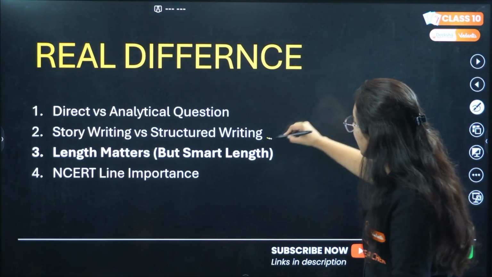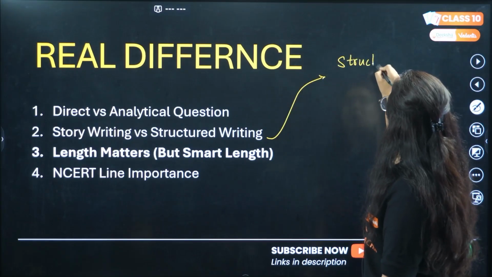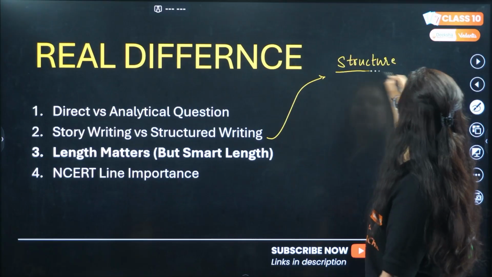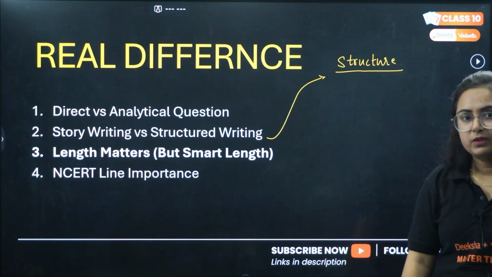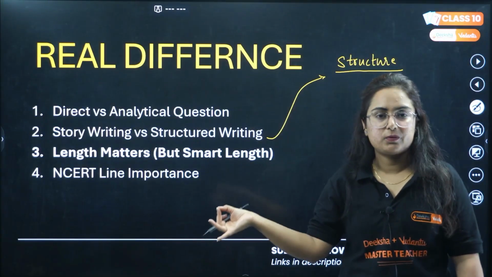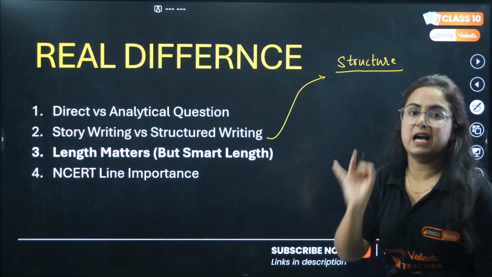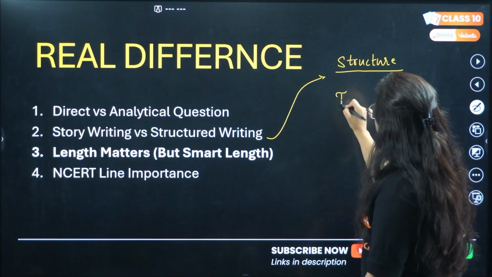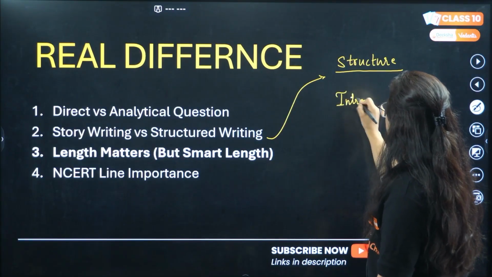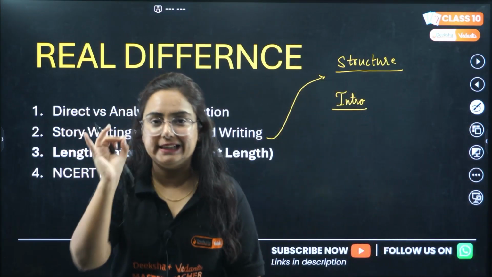Rather, our answer should be structured. By structure, I do not mean that the answer should only be in points. When I tell you this, please follow this for the entire year, right? By structure, I mean that whenever you write an answer, pay attention: there should be an intro to your answer. For example, write 5 causes of land degradation.